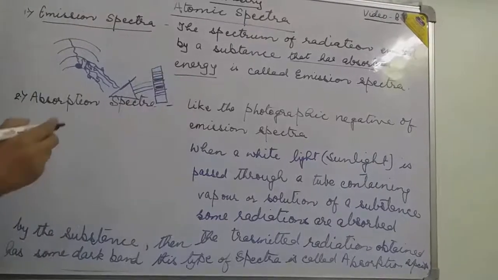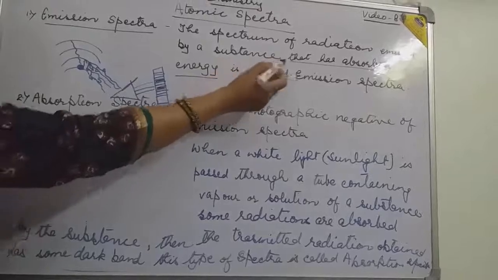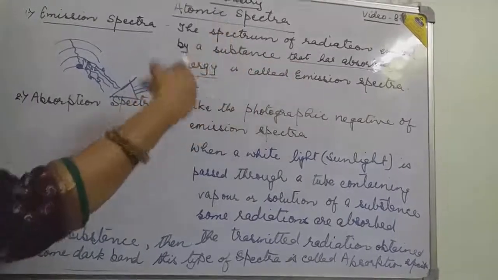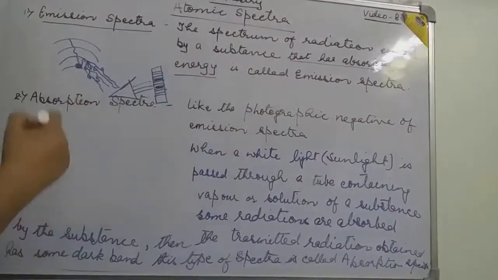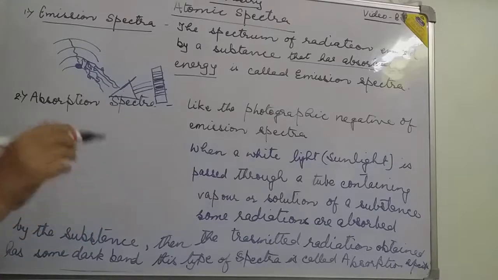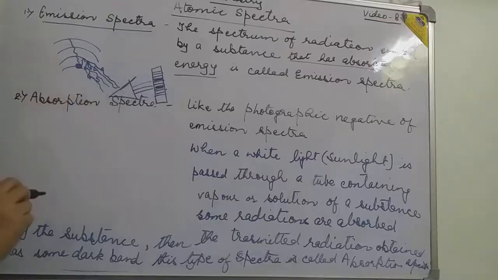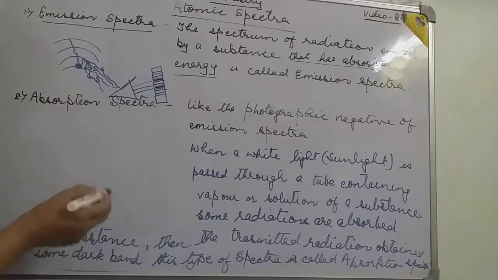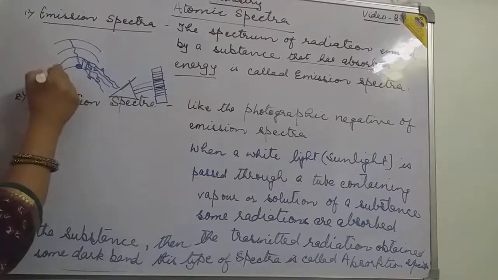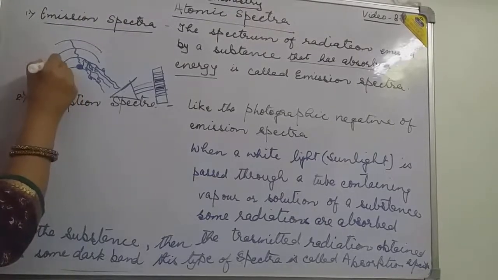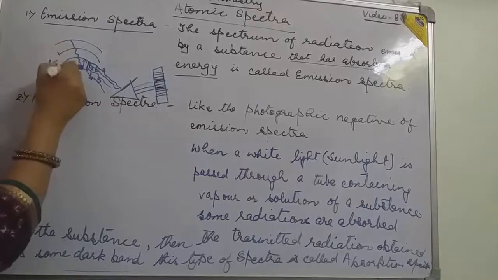I repeat, when a substance has absorbed energy, we are not giving energy to the substance, but the substance has energy and it moves from the ground state to the excited state, either 1 to 2 or 2 to 3.